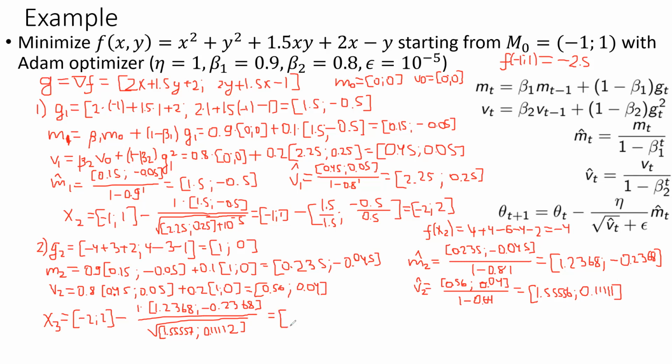Okay, now minus 2 minus, so we will have a division, 1.2368 divided by this square root.